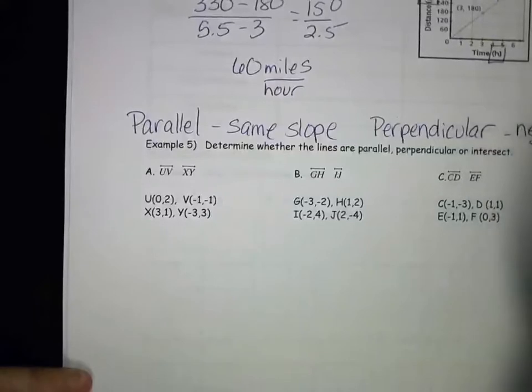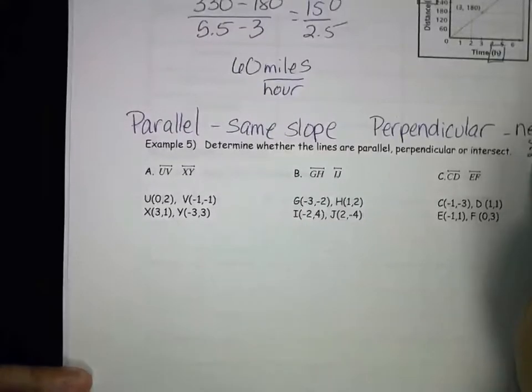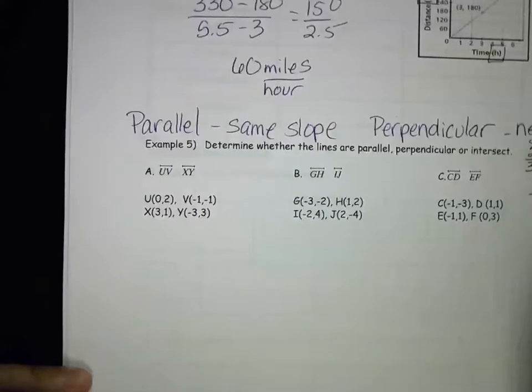I'm going to list a couple of negative reciprocals, like 2/3 and -3/2, 1/4 and -4, or a special case, 0 and undefined. Perpendicular lines, your slopes are negative or opposite reciprocals.